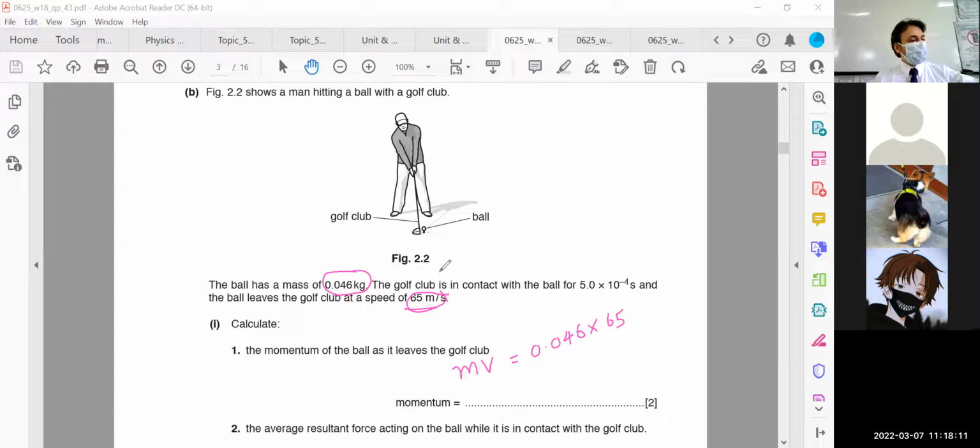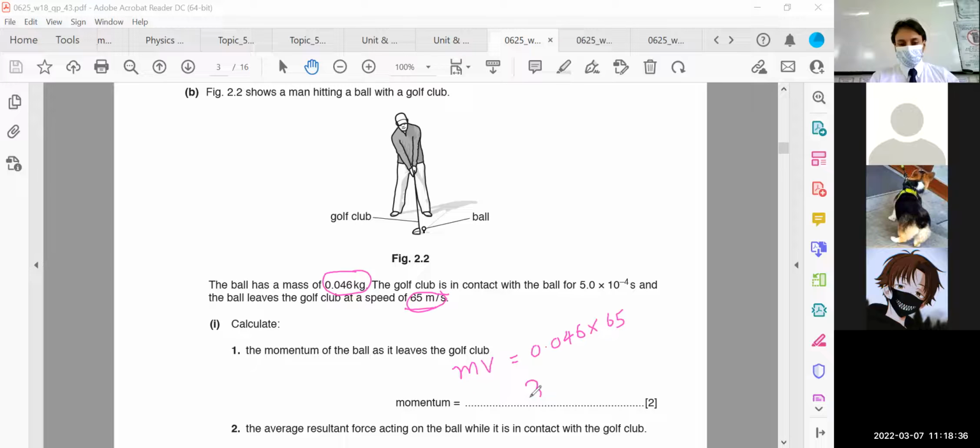Please someone multiply. Sir, 2.99. Let me check the answer also. 2.99, here in the marking it is 3 Newton seconds. So 2.99 you can write equal to 3.